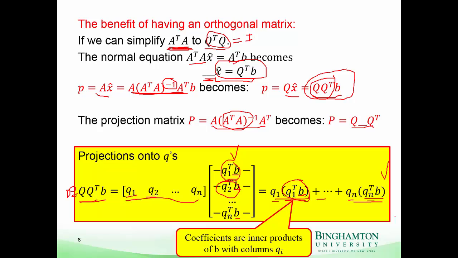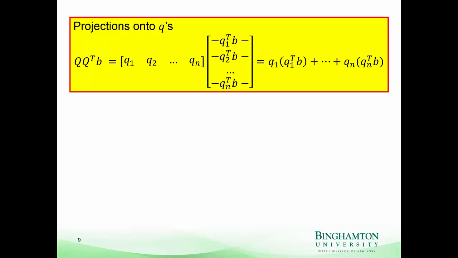A big important idea. So these coefficients are just inner products of B with orthogonal columns, Q sub i. And that is a huge idea. I know it may not seem that big of a deal to you right now, but that is scattered throughout so many important results in electrical and computer engineering.